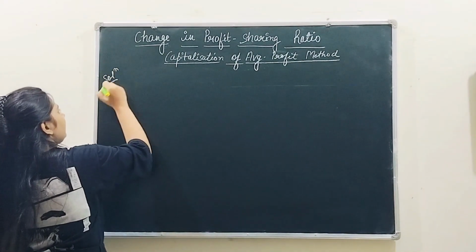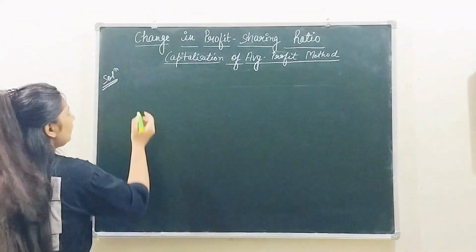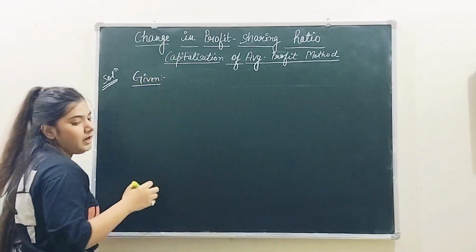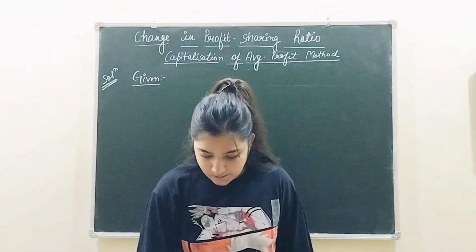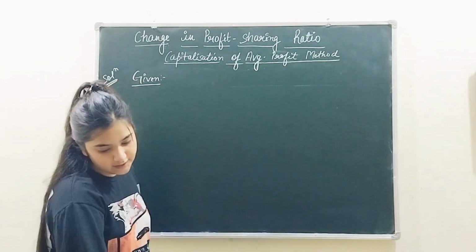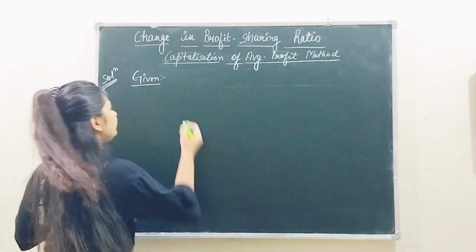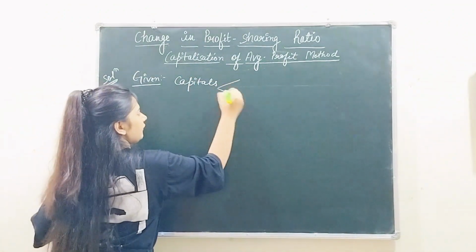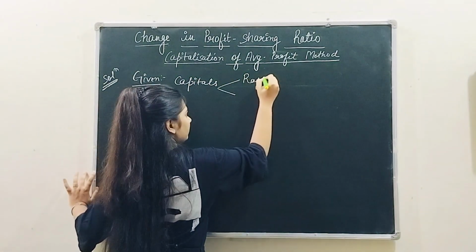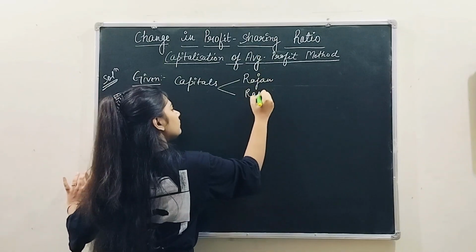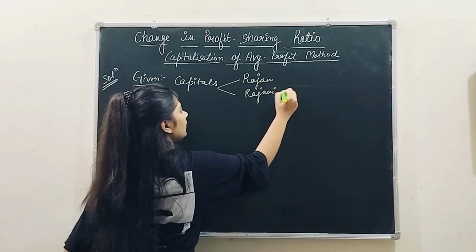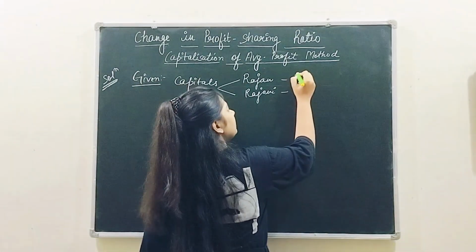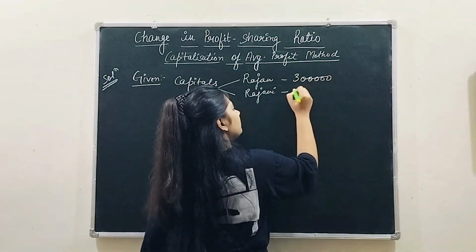The very first step that I have always told you is to write what is given in the question, right? So what all items are given in the question? In the question they have given you the capitals of Rajan and Rajni. How much? 3 lakh and 2 lakh. Right?